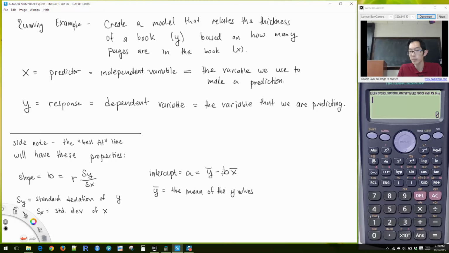What is b? B is the slope, so you have to calculate the slope, okay? So b is the slope you just calculated. And x bar is the mean of x, the mean of the x values.